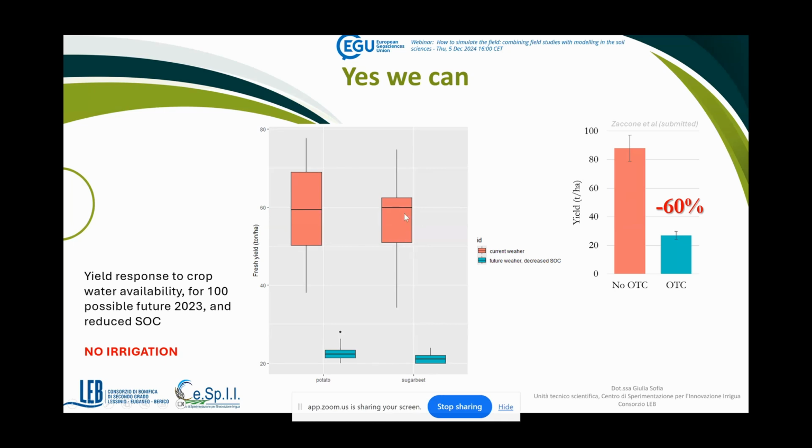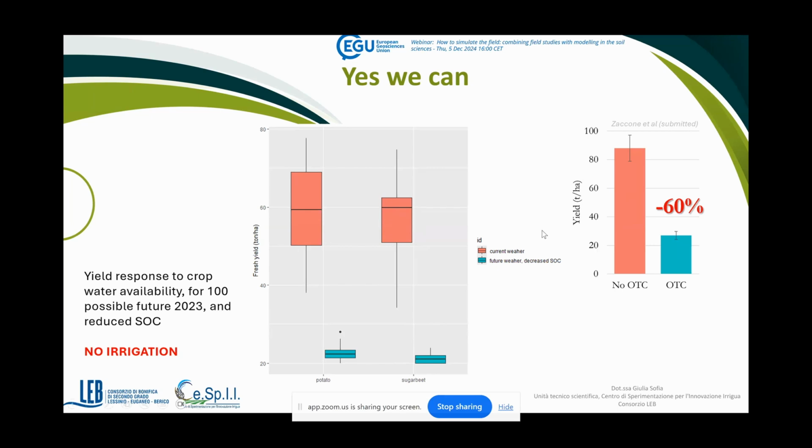So for the sugar beet, for example, we used to have, with the current weather, about 60 to 80 tons per hectare of production. But with the climate scenarios, we get to 20. And this is consistent with our microclimate simulation created in the field. So this gives us a two-way validation.